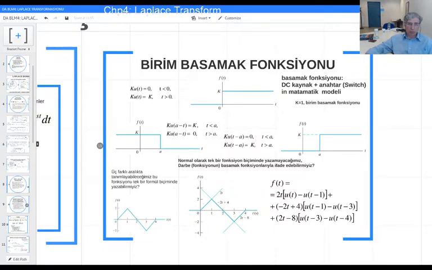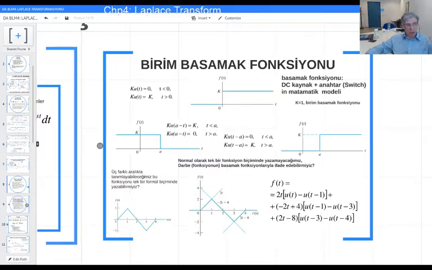So it is like a switch, isn't it? That's off, that's on. Position of the switch. This switch is a practical element that you see in practice. So you can represent that switch by this function. When t is less than 0, the switch is off.